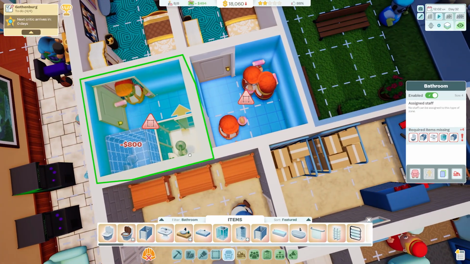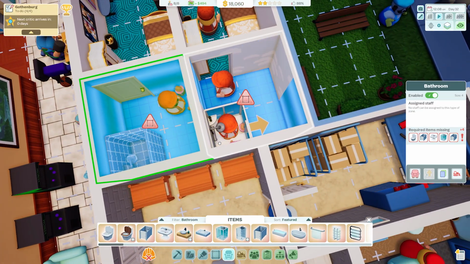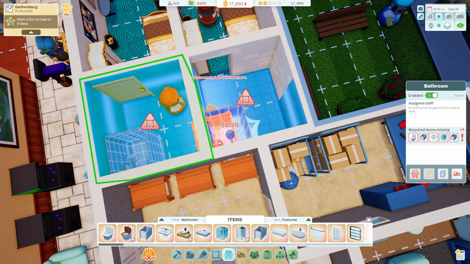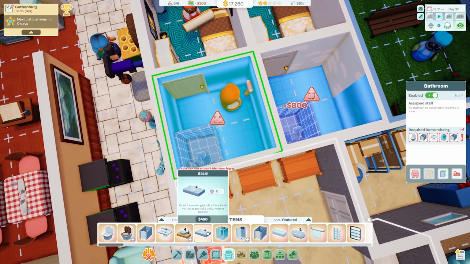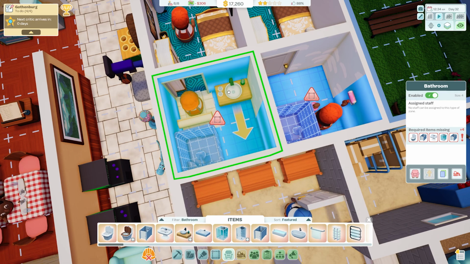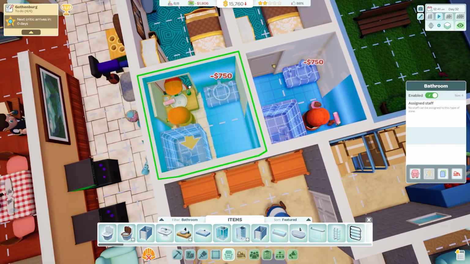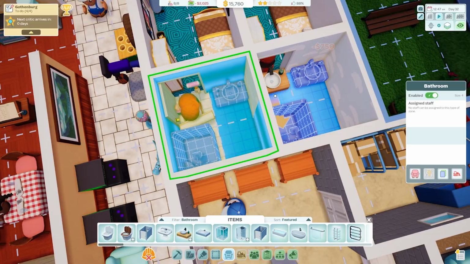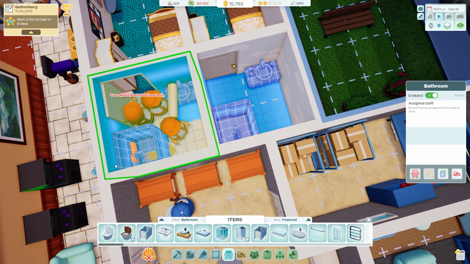Okay, so shower there. Yeah, shower there. Sink there, sink there. So these are gonna be basically identical at this point.